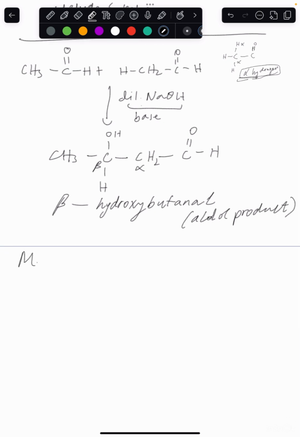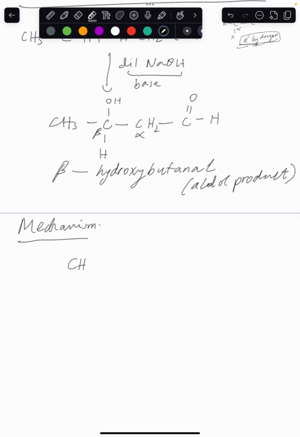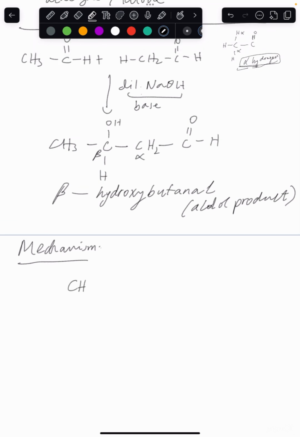Now if we see the mechanism for this reaction, first we take our alpha hydrogen, which is over here. If we write it out like this, it's going to be much more clear.